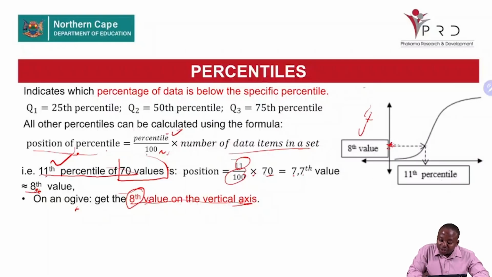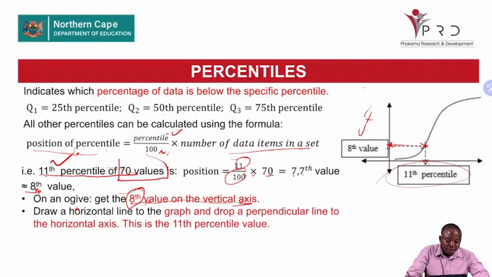Then we extend a horizontal line from that 8th value to the graph, and where it meets the graph, we go straight down, perpendicular, at 90 degrees, to the horizontal axis. Then this is the 11th percentile value.